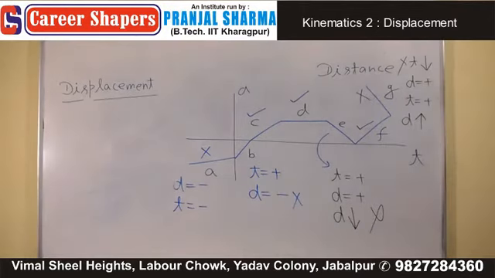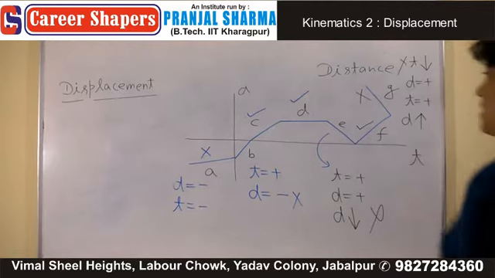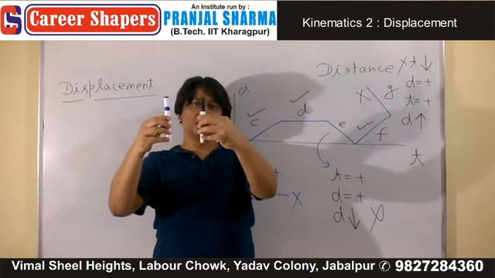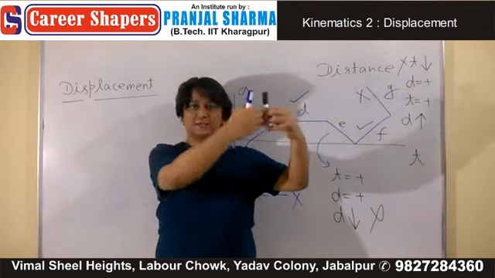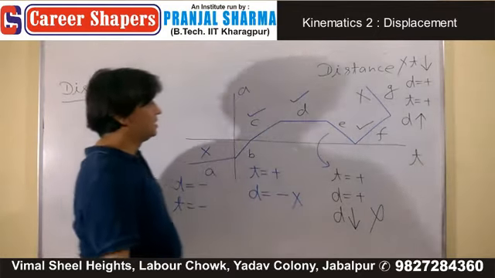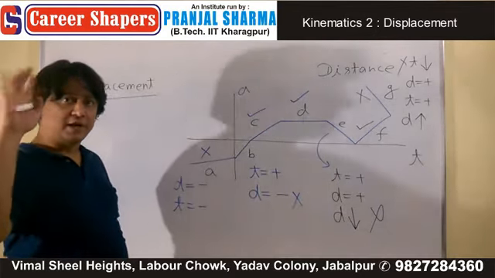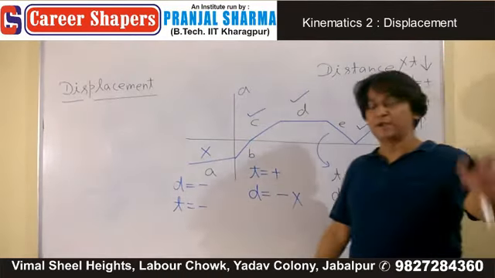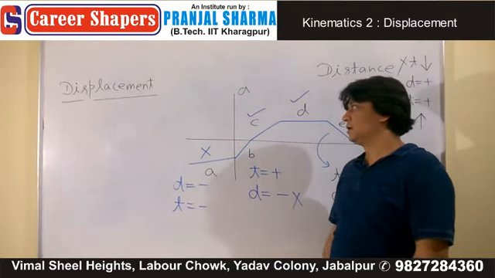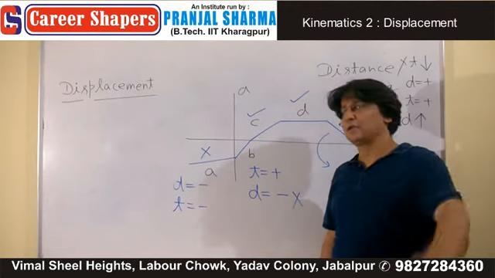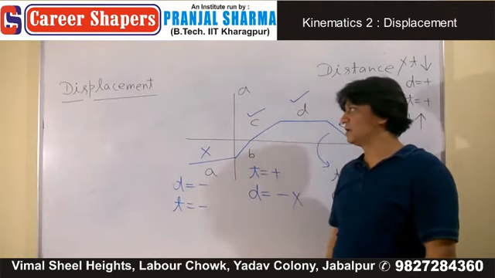If the object goes back towards the starting point, then you can see that the shortest distance is decreasing, and therefore we say that displacement can increase as well as decrease. Next point. The last 2 points are the same for distance and displacement.